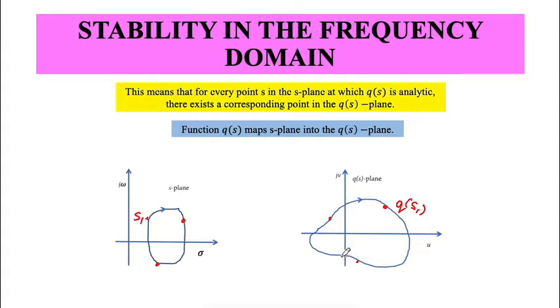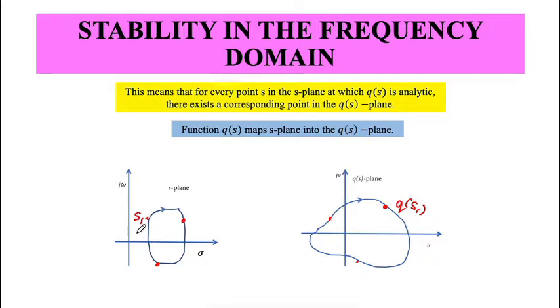We can calculate that for all the points where Q(s) is analytic, where I can actually compute this. We will not go into the definition of an analytic function, but we just say that I can compute it at almost all the points except where Q is not analytic, right? So for s1 there will exist a Q(s1).